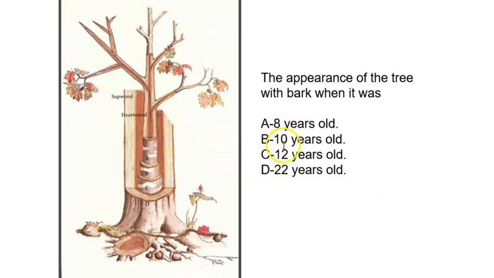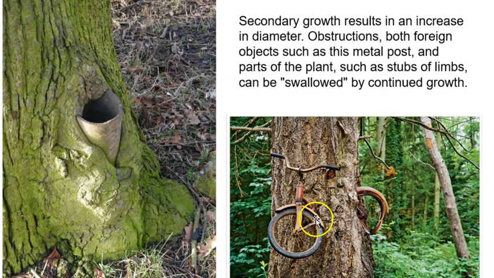So there we have it at 8, 10, 12, and 22 years. So kind of consuming itself. Moving on, and then odd images, but especially this one. Secondary growth also could consume foreign objects, such as metal posts and things that were at first at a little bit of a distance from the tree, are now being consumed as it grows.